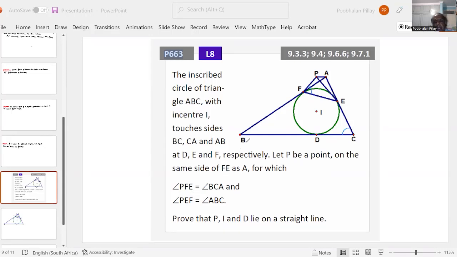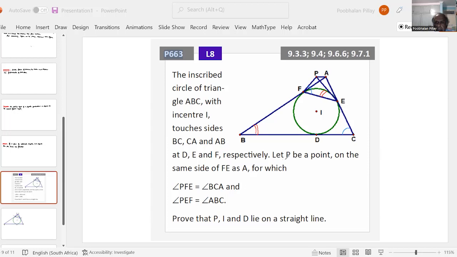Angle PEF equals angle ABC. So let's have a look at that. PEF, I put double lines there, equals ABC. All right, so we have indicated those angles.